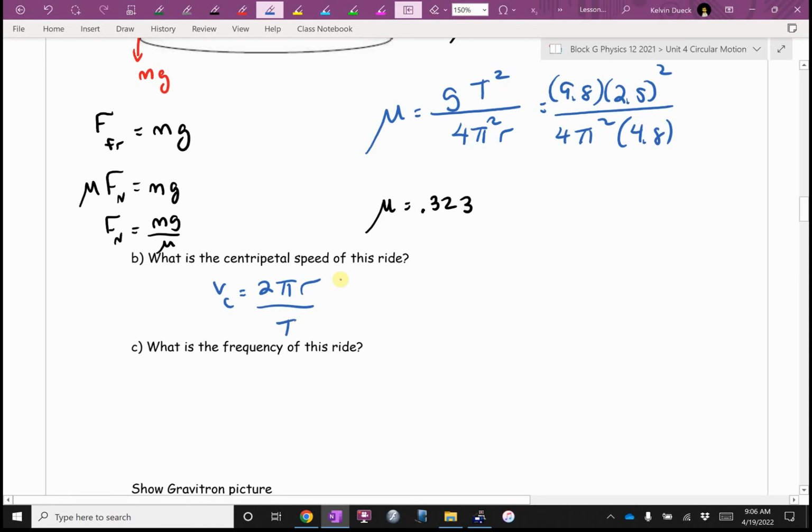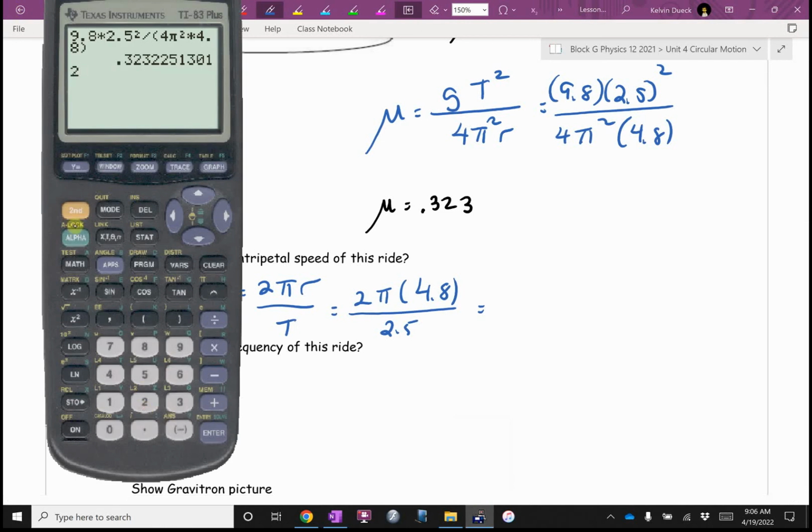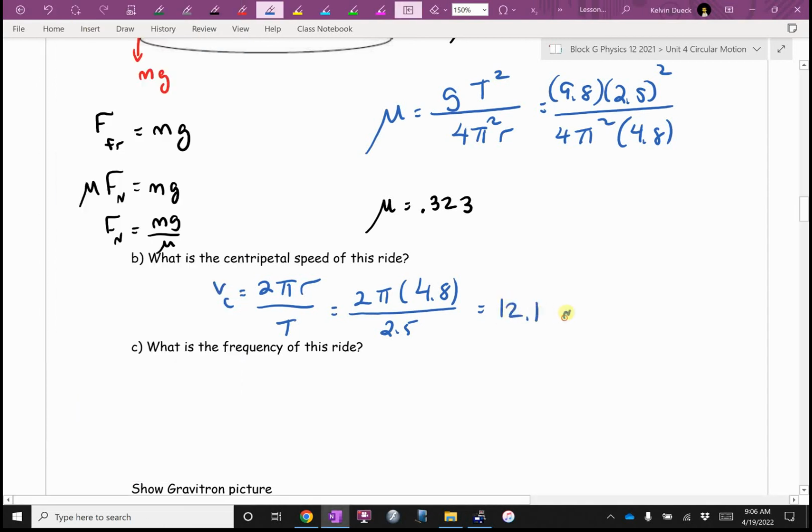Plug and chug. 2 pi times 4.8 all over 2.5. I get a centripetal speed of 12.1 meters per second. Part C says, what's the frequency?